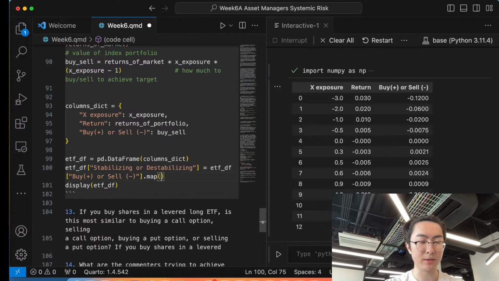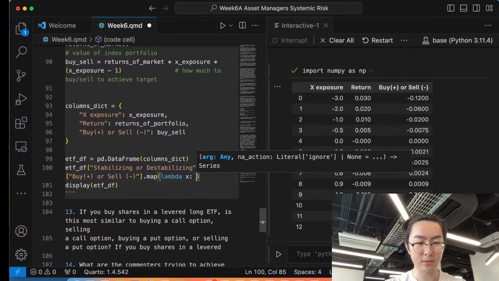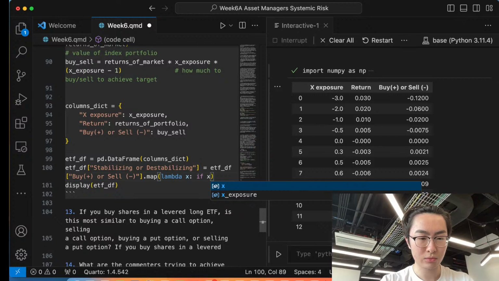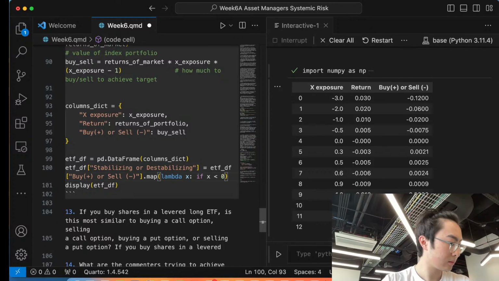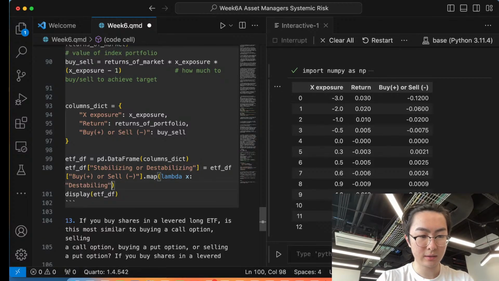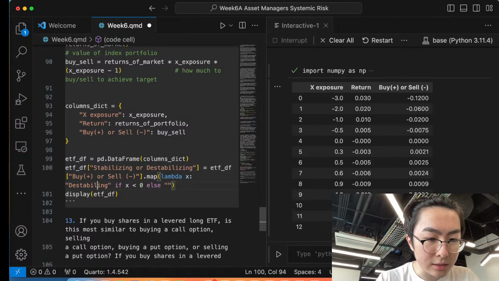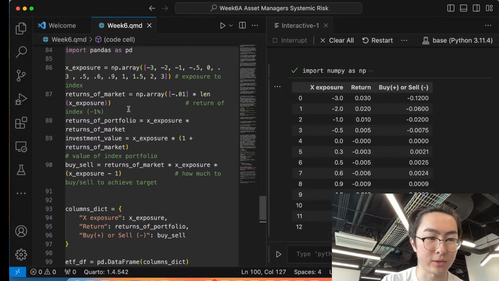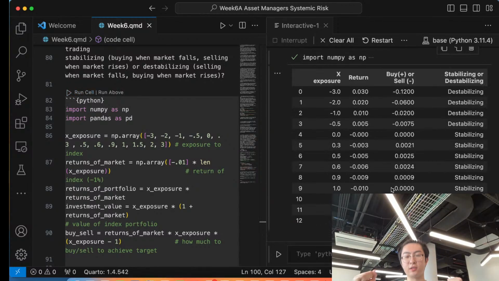So we take this column, we can map it, and then we'll create a lambda function. So once we do that, I could say if x is less than 0, it's destabilizing, else it is stabilizing. Okay, let's see if this works. Nice.